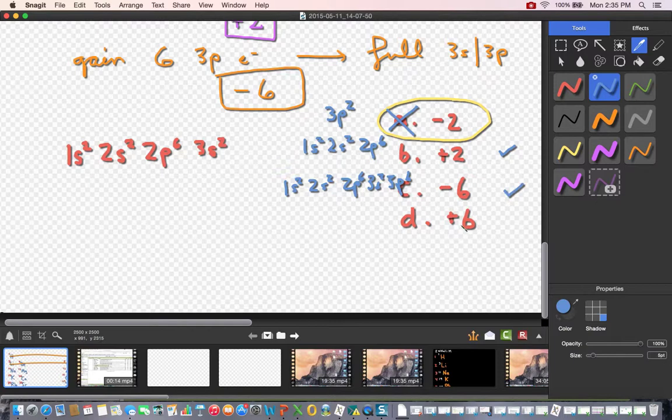Finally, I can take away 6 electrons. I would have 1s2, 2s2, 2p4. That is not a full octet. I want to eliminate D. So I have to either pick B or C.